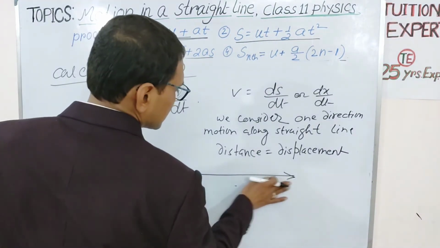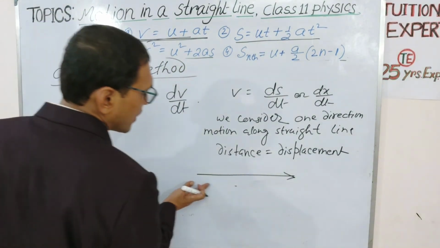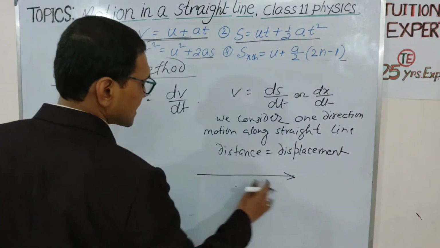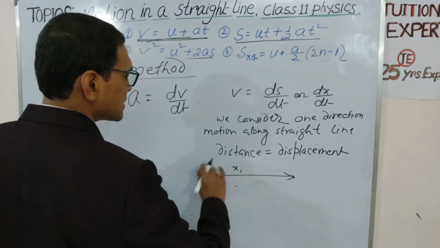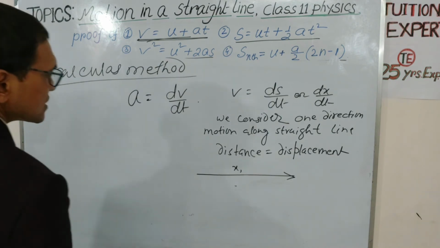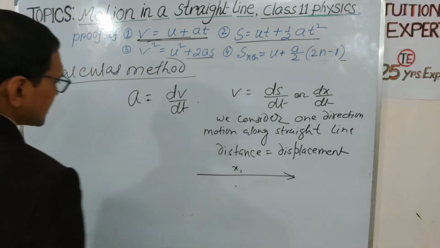But if we consider one direction along a straight line, displacement and distance remain the same. So we consider displacement or distance travelled, anything.